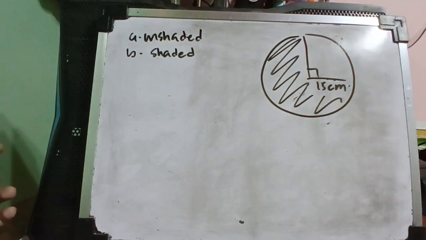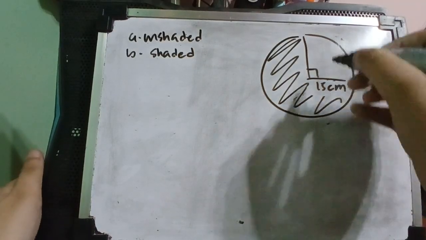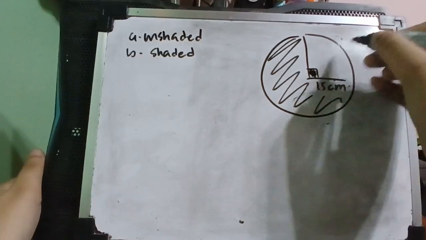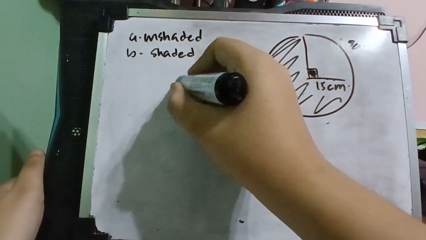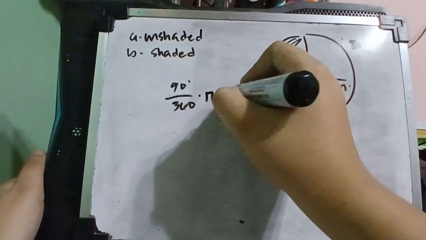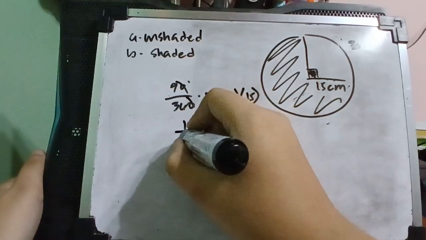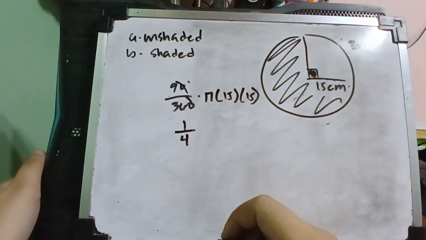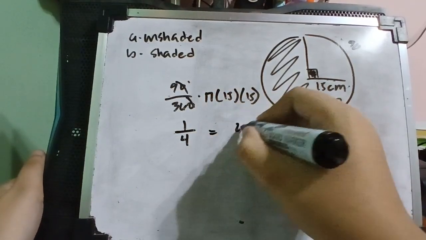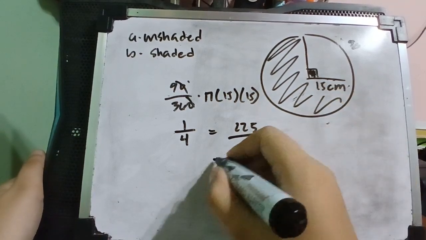Okay? Ito naman, so try natin hanapin ang unshaded region natin. So we can see a right angle here, so 90 degrees siya. So 90 over 360 multiplied by pi, 15 times 15. So tanggalin natin yan, 1 over 4. So 15 times 15, 225. So magiging 225 over 4 pi, diba?